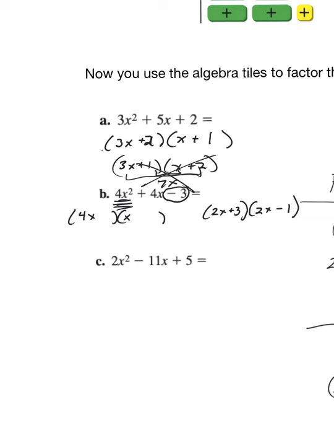Okay, if you did all your experimenting, you may have lucked out to get this final factorization here. Again, for the first two, you probably tried with the 4x and the x. You could go -1, +3. The OI check here gives you 11x.